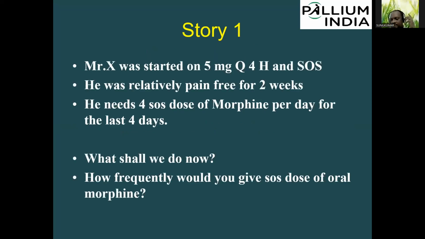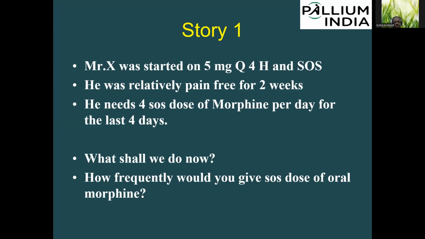So let's move on to this patient. The first patient whom we saw was started on 5 milligram of morphine every 4 hourly and SOS. Okay, and he had a good pain relief, but for the last 4 days, he is taking 4 SOS doses of morphine. So in addition to the regular dose, he is taking 4 SOS doses.